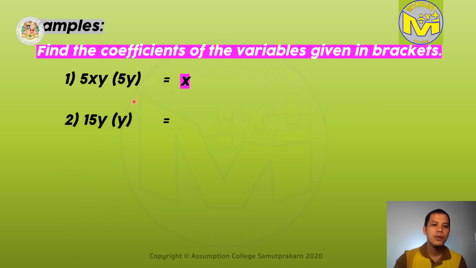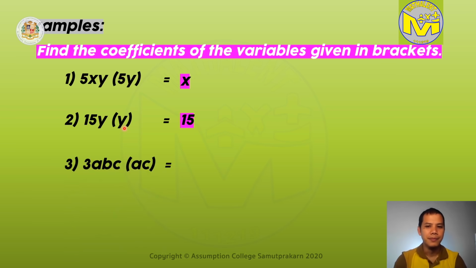Number 2, in 15y, the variable y is in the bracket. So what is the coefficient of variable y? Answer is 15. Good job. Number 3, in 3abc, what is the coefficient of variable ac?